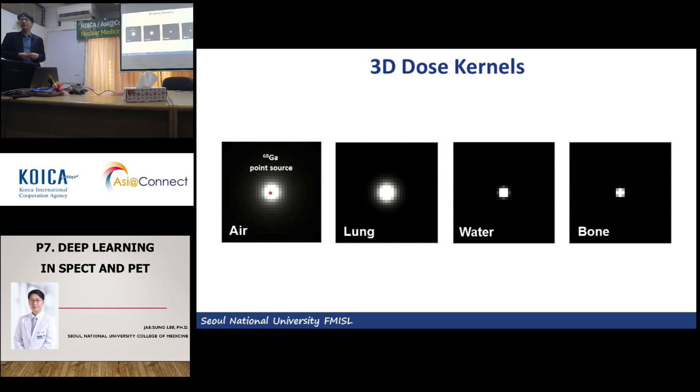I mean, convolving those kernels with our activity data to calculate the distribution. We can find some similarity between what the deep learning is doing and those calculation procedures. So I would say there is enough rationale that we can replace the Monte Carlo simulation by deep learning networks.